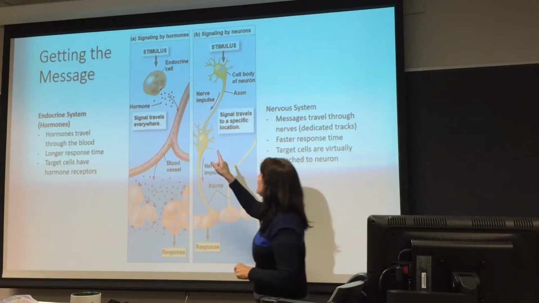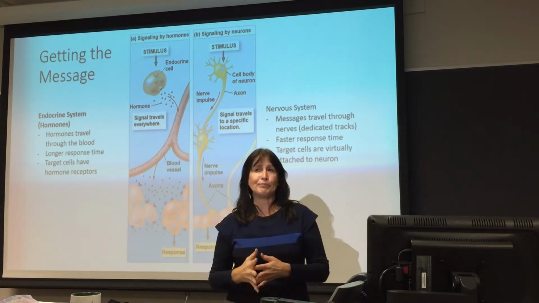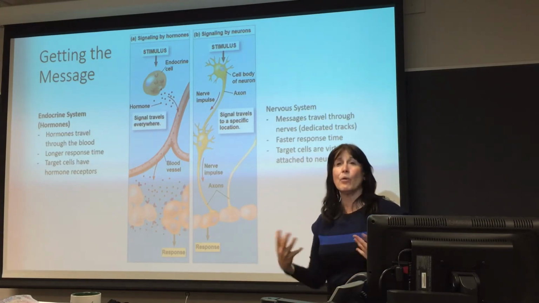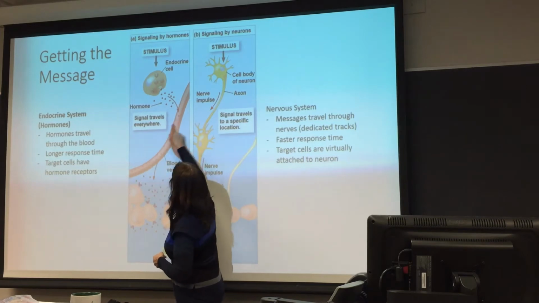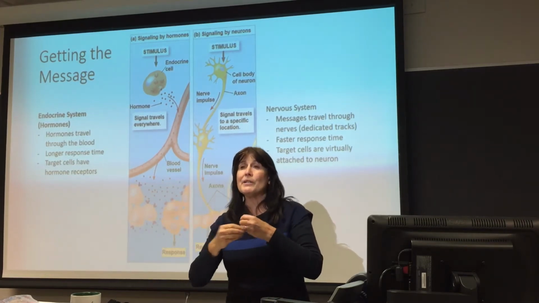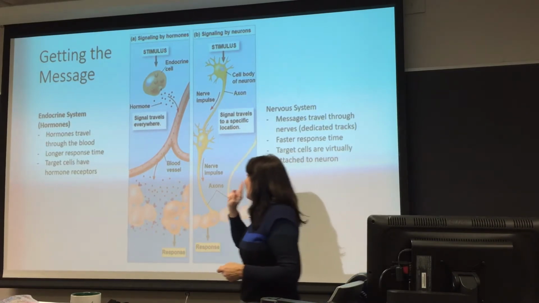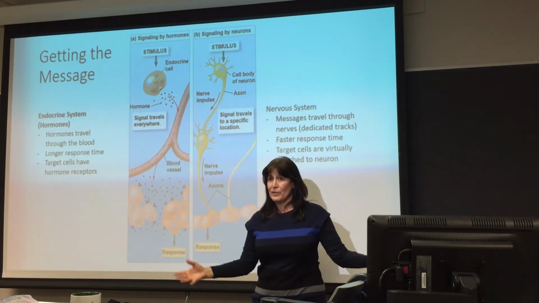The endocrine system, typically you're going to have some endocrine cell, maybe an endocrine organ, that's going to secrete these hormones, and the hormones are going to be picked up by the blood system, and the blood system goes throughout the body. So you're going to be able to deliver these hormones throughout the body. The drawback and the positive is that you don't want it acting on every single cell of your body.